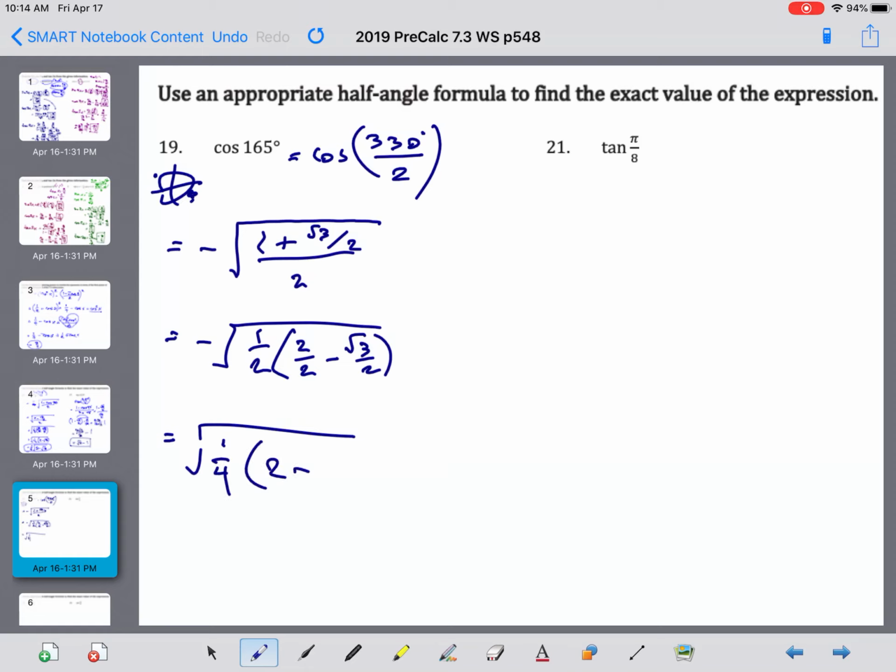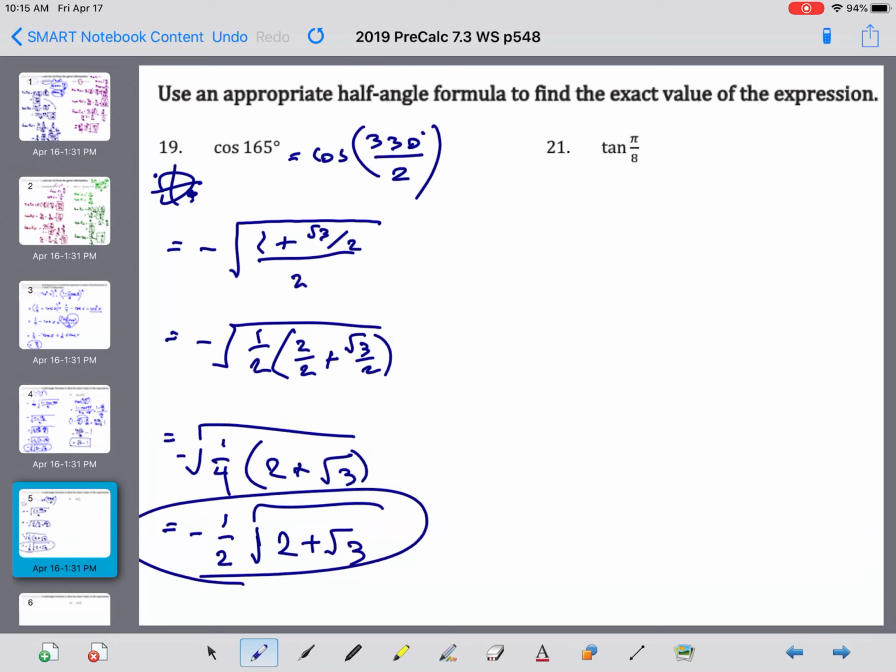So I'm going to get 2 plus, excuse me, root 3. And again, a minus sign out front, so minus 1/2 here. And then I'm going to get the square root of 2 plus root 3.